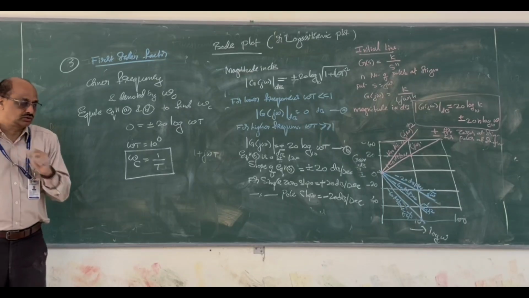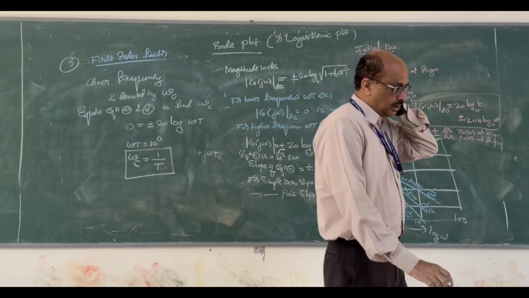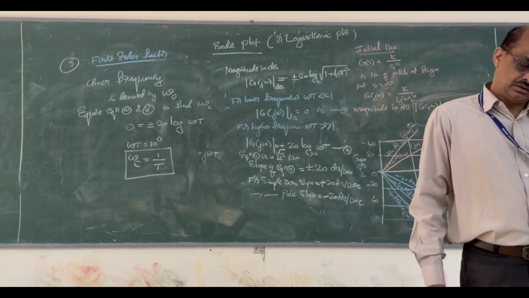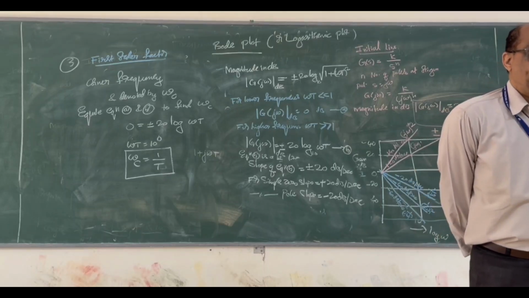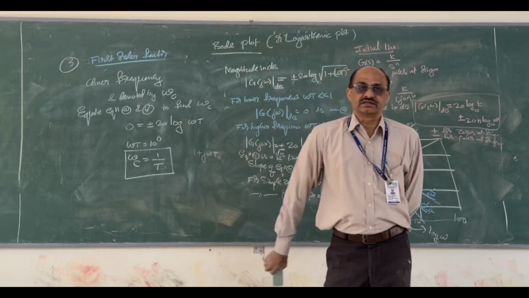So that's very important, write that down. The 0 dB per decade line and the plus or minus 20 dB per decade line meet at omega c equal to 1 by t radians per second.